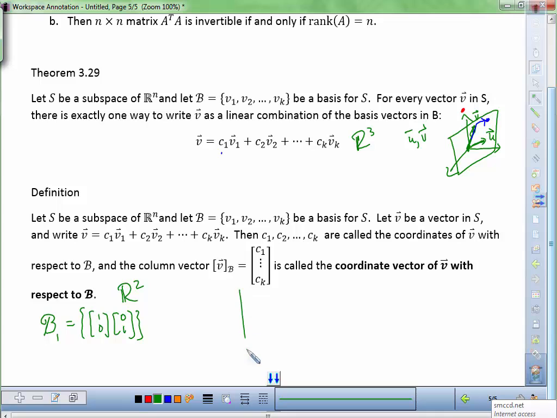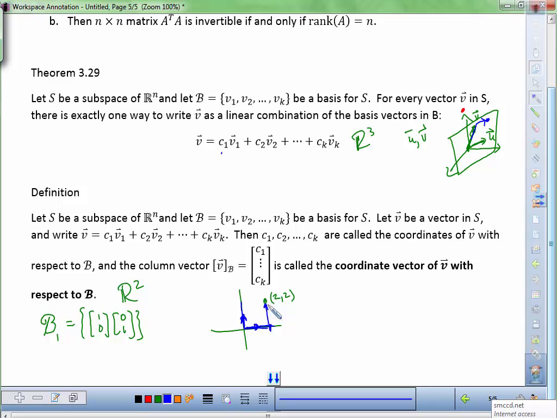Now, in R2, let's take a look at the point (2, 2). Just by me saying the point (2, 2), we can get to that point with the vectors (1, 0) and (0, 1) by extending one of those vectors by a length of 2 and then extending the other vector by a length of 2.